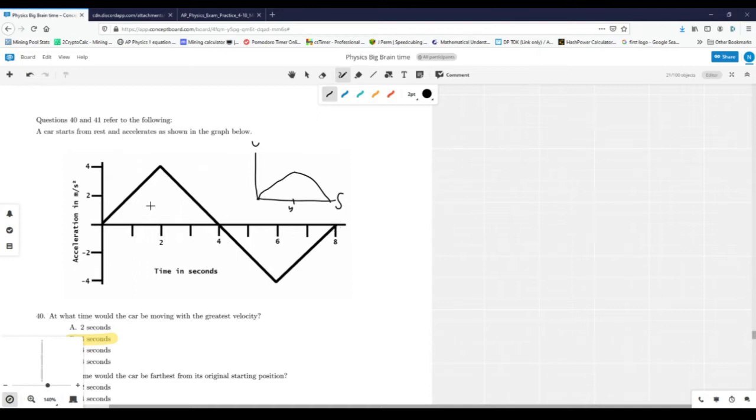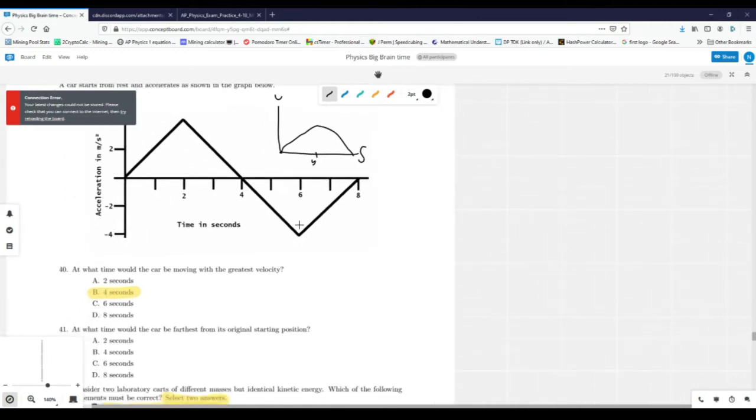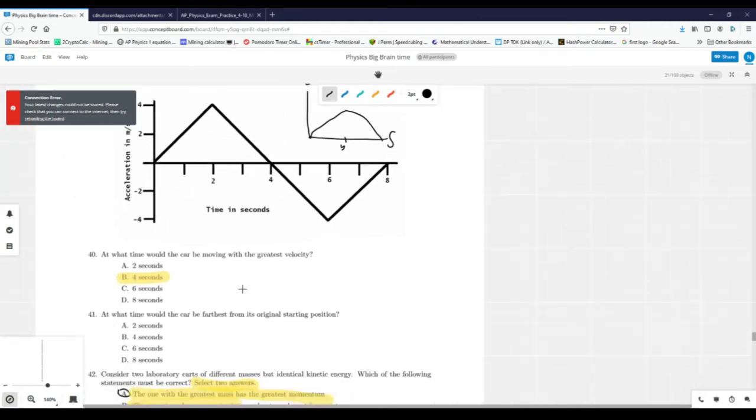And remember that this value here is always the area under the graph. So this is all positive, and then this is all negative, but they add together. So the entire time velocity is positive, meaning it's always traveling in the same direction. If it's always traveling in the same direction, it's always going to be getting farther from its original starting position. So the answer to the question, at what time would the car be farthest from its original starting position, is going to be after 8 seconds, because it's always getting farther from its starting position.